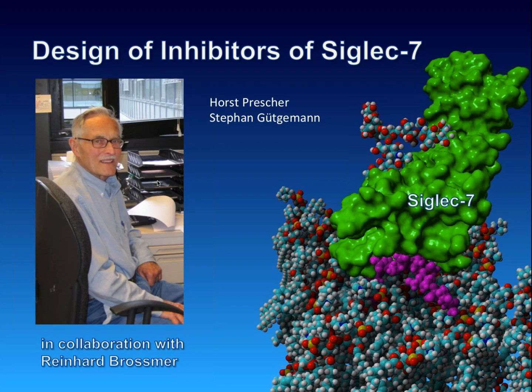He is in Heidelberg and still actively in the office at university every day. He founded a small company when he was about 80, and what we did was aim at designing an inhibitor for siglec-7. Horst Kunz was also involved, he's a synthetic chemist, and Stefan Büttgemann did the biological testing, so a team of 4 worked on that project.